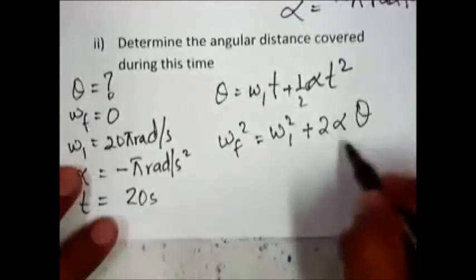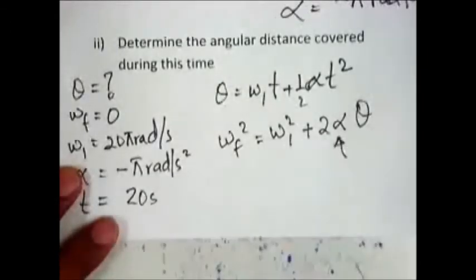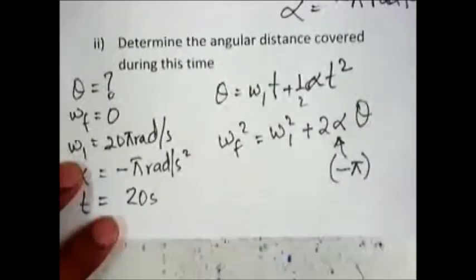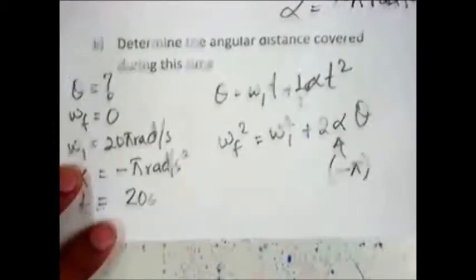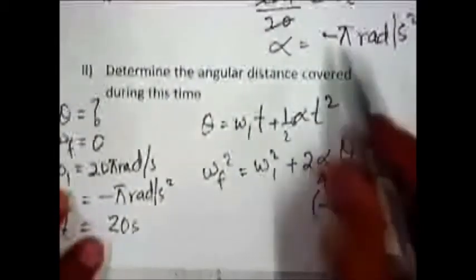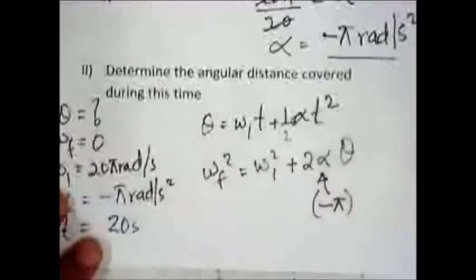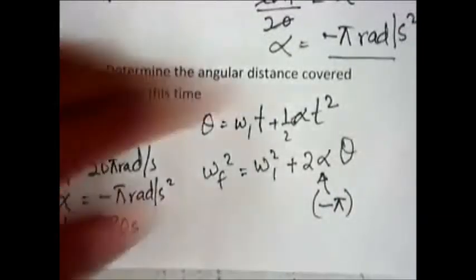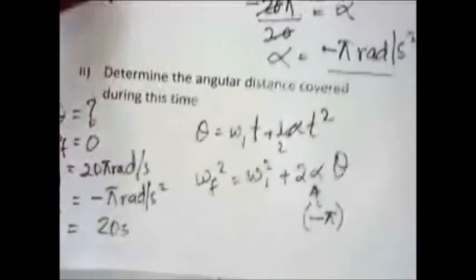Make sure when you replace your angular acceleration, you put minus pi. You have to put the minus sign there because when you initially calculated, it was a negative answer, so you put that negative value in your equation. So I'll leave that for you to complete.